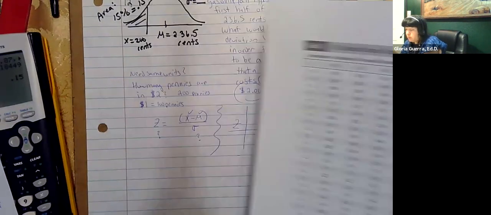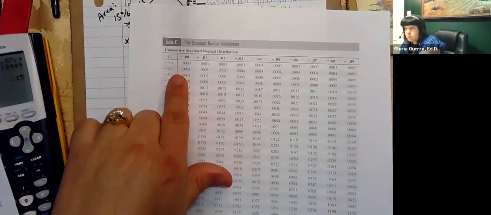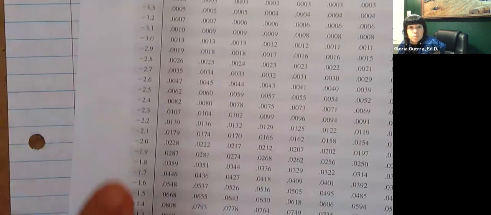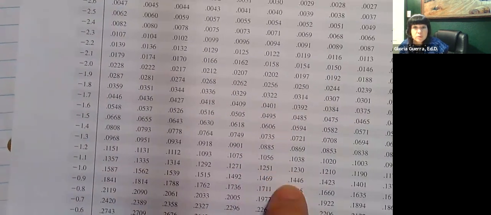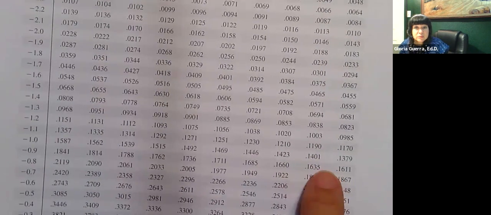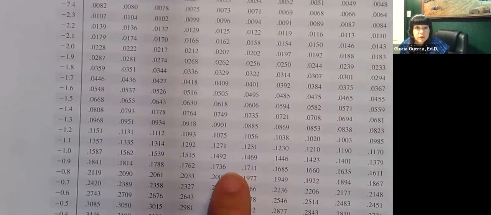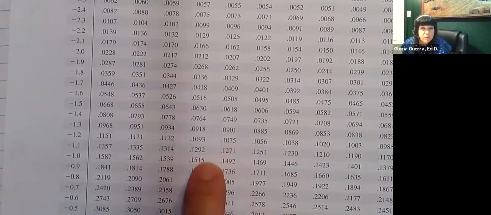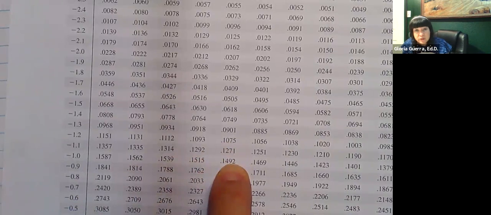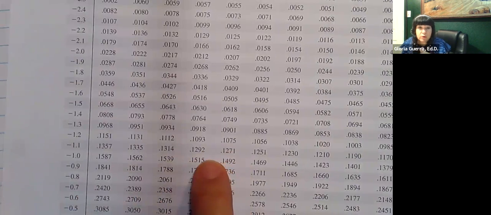Here's 0.15. It's right in here. Think of years like 1492, 1493, 94, 95, and then 1500, 1501, all the way to 1513, 1514, 1515. So 0.15 falls in between here.